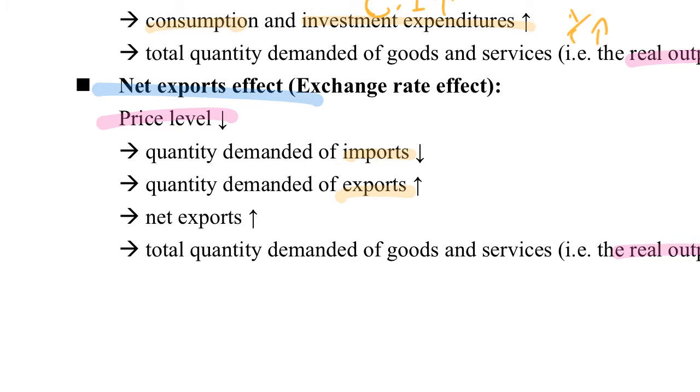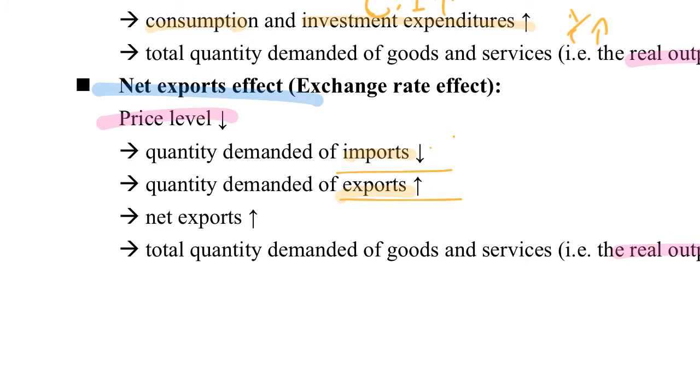So now we find that the relative price of the local goods to the imported goods is decreased, so you will buy less imports. And at the same time, the foreign people find that our goods become cheaper, so they like it. Price drops, quantity demand increases, very basic, right?